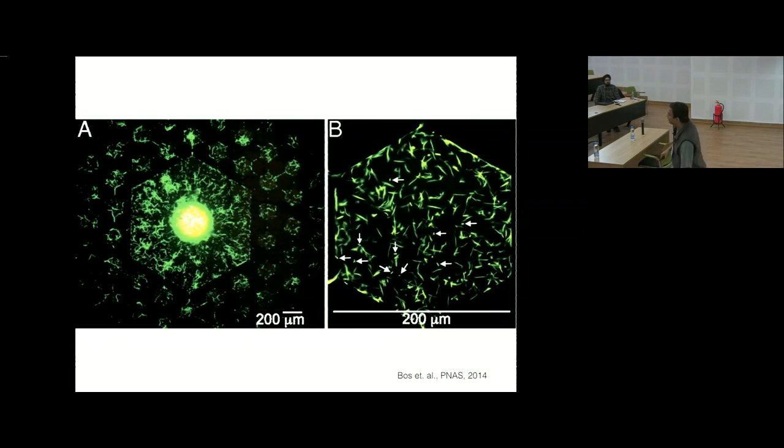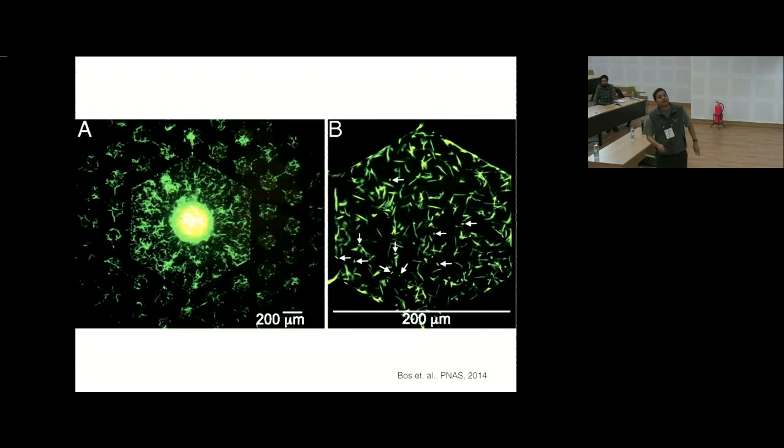Filamentation is another stress response of bacteria. If you put it to a mild dosage of antibiotic, it somehow stops dividing. It triggers this so-called SOS response. The bacteria just keeps growing longer and longer, but it fails to divide.